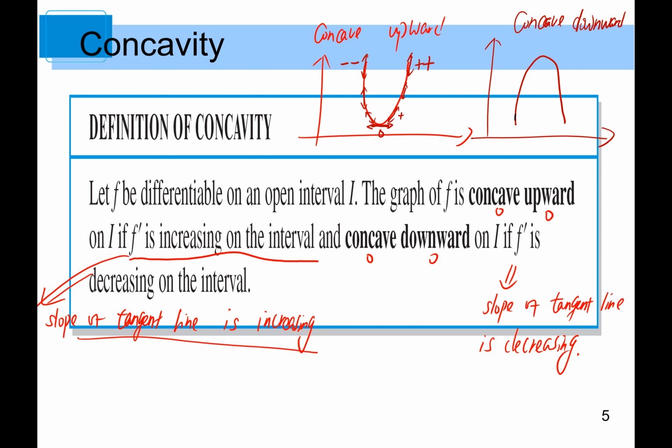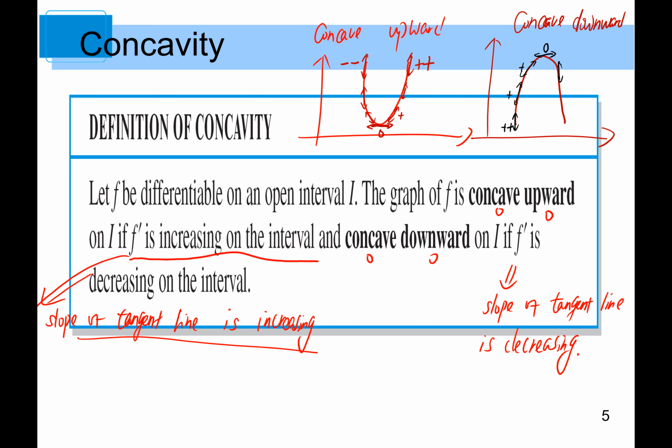Then if you look at the slope of the tangent line, you start with a positive value, then it becomes smaller and smaller, and at the extrema here it becomes 0 with the horizontal tangent.